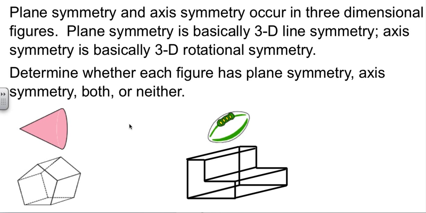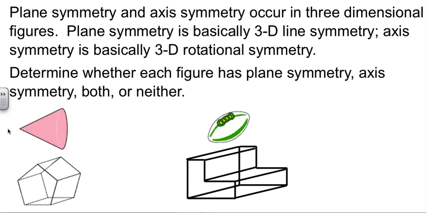Last thing we have to get through on this one deals with three-dimensional figures. So we have plane symmetry and axis symmetry. Plane symmetry is basically line symmetry for 3 dimensions. Alright. And axis symmetry is basically rotational. Okay. We have a cone here.